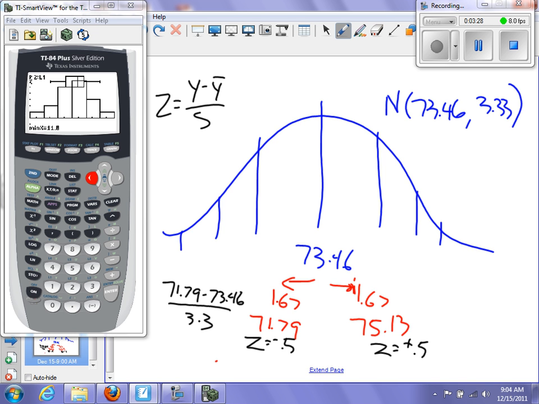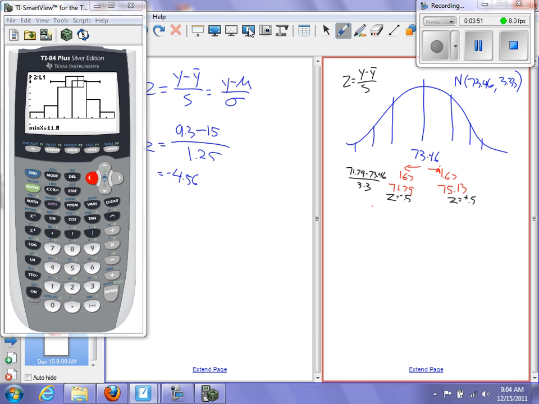Okay. A number of people have been coming in over the last couple of days to go over this normal model stuff, and one of the things I'm trying to get across is we have two functions on our calculator that we can use to solve these problems. In fact, let's flip the screen for this, just so that we can look at it better.